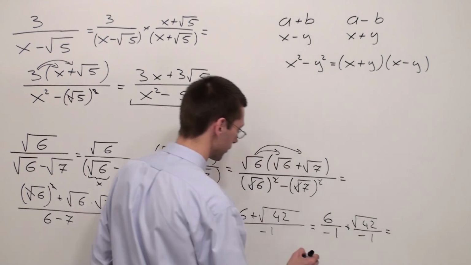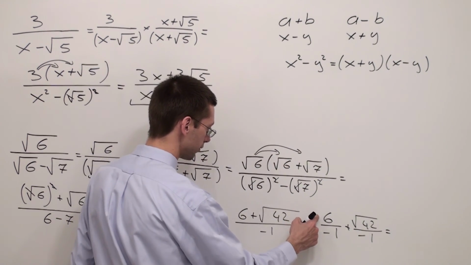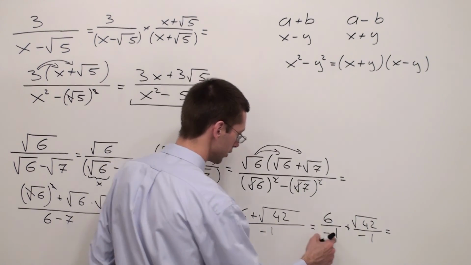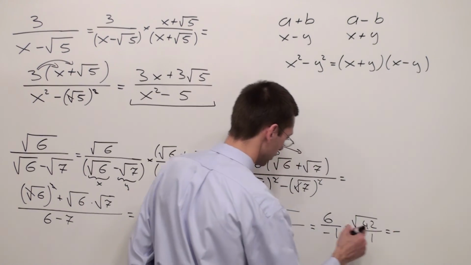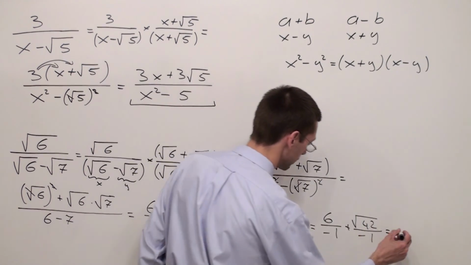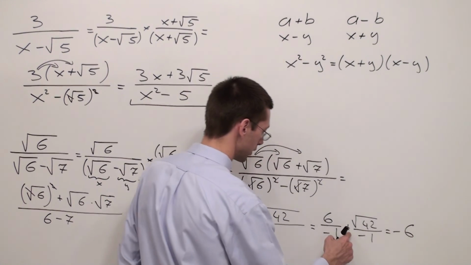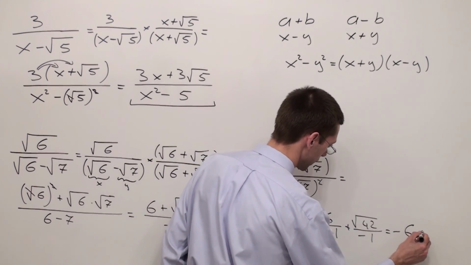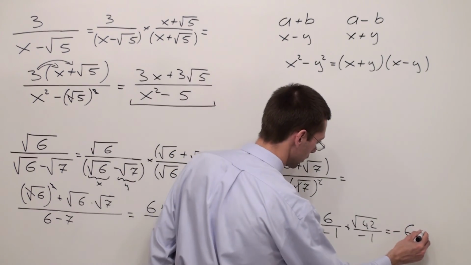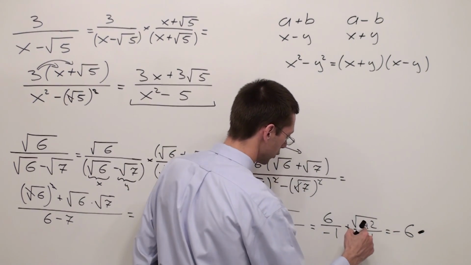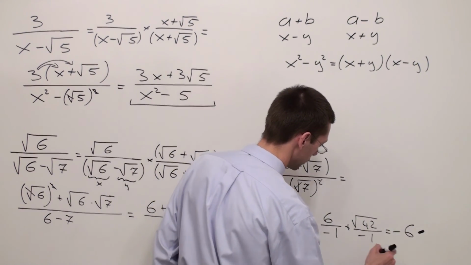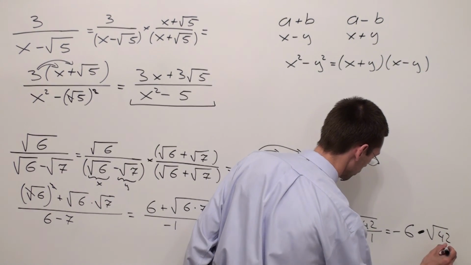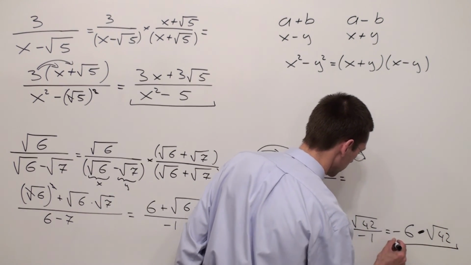This is equal to negative 6, because positive divided by negative is negative, and 6 divided by 1 is 6. Then, positive divided by negative is negative, so negative square root of 42, since square root of 42 divided by 1 is square root of 42. And this is the solution to my problem.